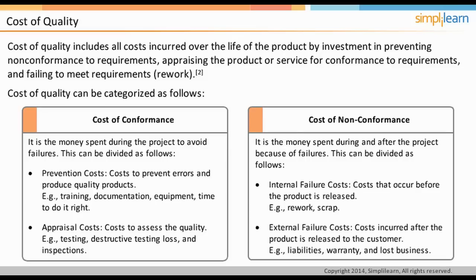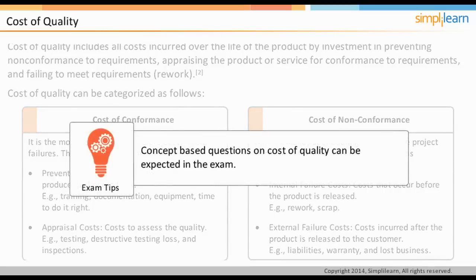It is the cost incurred on failures that occur after the product has been released by the team, for example, liabilities, warranty work, and lost business. Concept-based questions on cost of quality can be expected in the exam, so please make a note of the categories of cost of quality. Let us look at the project quality management processes in the next screen.